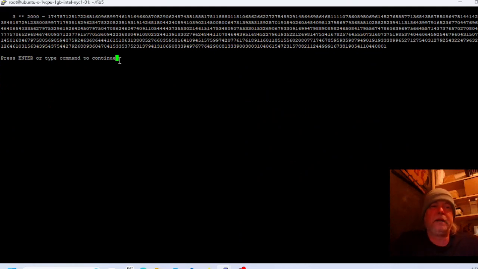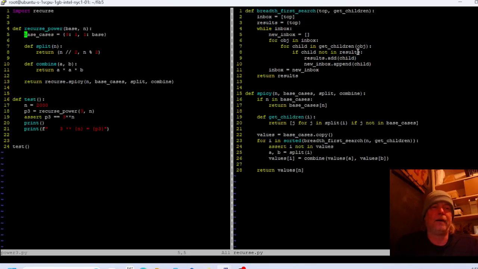You can see that 3 to the 2000th is this enormous number. But in order to test that my recursive power function works as intended, all I do is assert that that number is indeed what you would get just by using Python's native exponentiation of numbers.